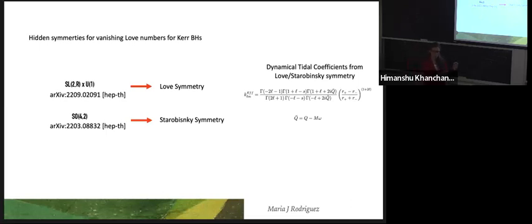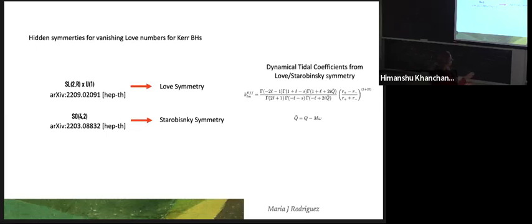Some people call these effective geometries for Kerr. One can go a step further and ask, if we impose these symmetries, what would be not the static Love number but the dynamical tidal coefficient? Imposing this type of symmetries, one can get this effective coefficient.